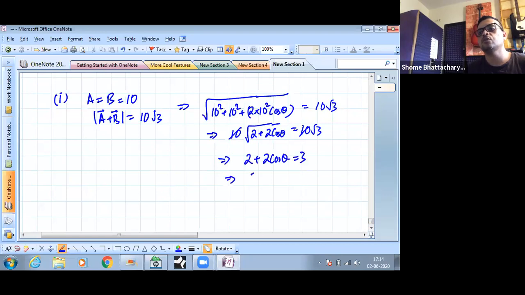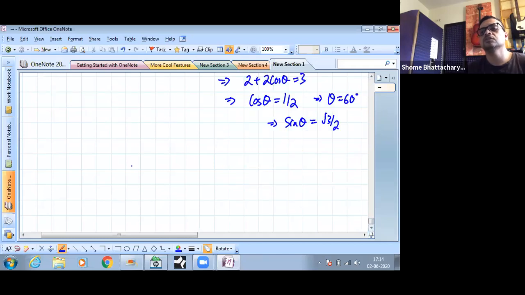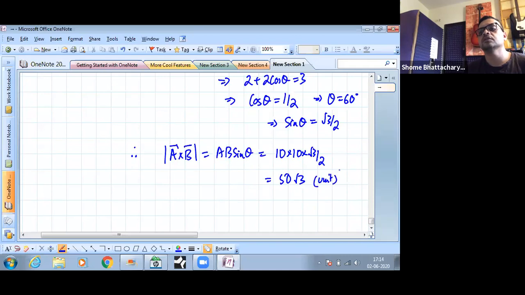This will show you that cos theta is half, or theta is 60 degrees, or sine theta is root 3 by 2. Therefore, the magnitude of A cross B is AB sine theta, 10 into 10 into root 3 by 2. So that is 50 root 3 units squared.